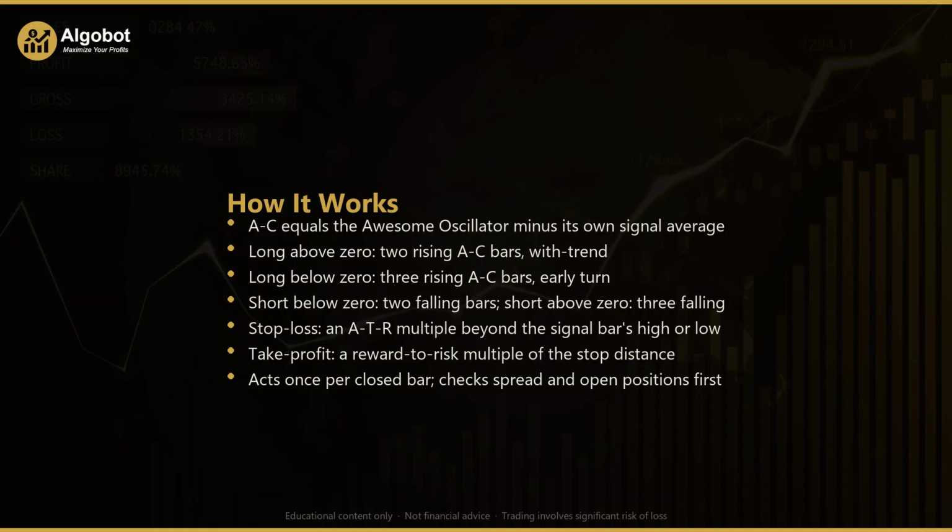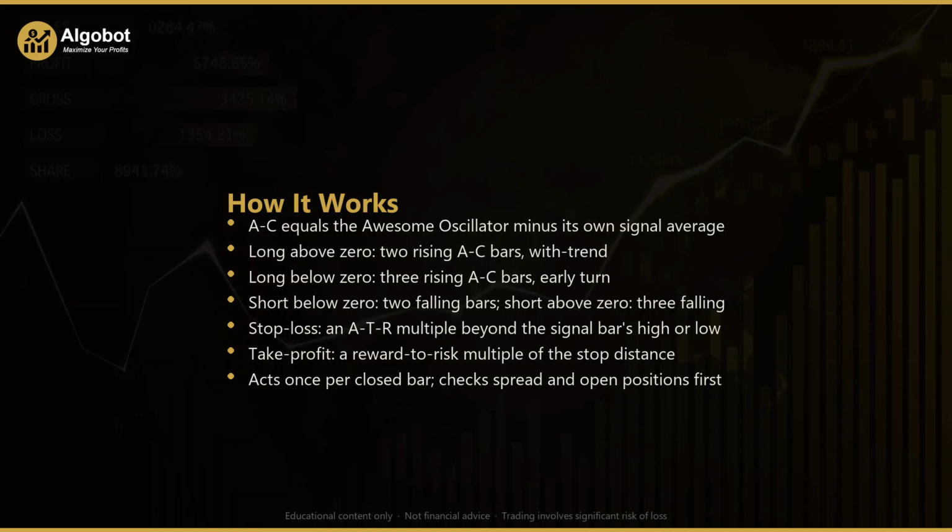Consider the long side. The first path is the above-zero saucer. Here the accelerator is already above zero, and the last 3 readings are rising, meaning AC0 is greater than AC1, which is greater than AC2. That is 2 rising bars of acceleration in the direction of the trend, so only 2 are required. The second path is the below-zero saucer.